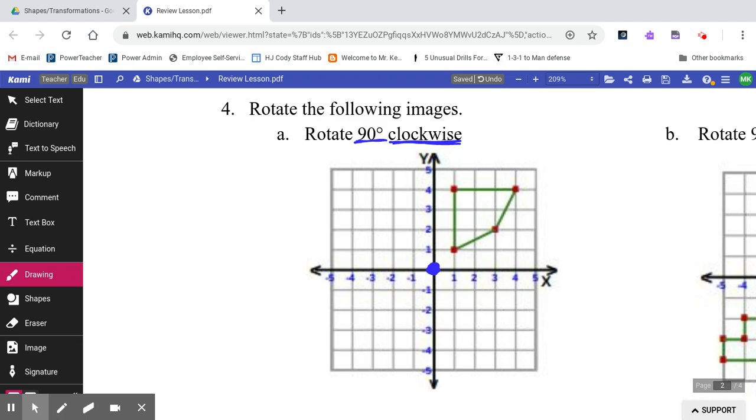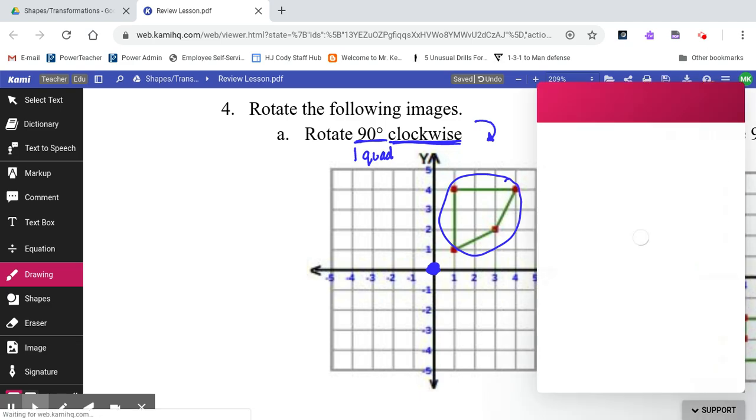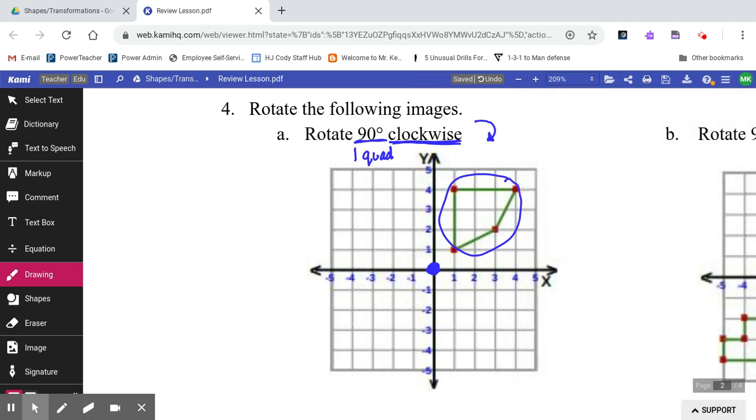So 90 degrees means 1 quadrant. Clockwise means this direction, like if you're reading a clock. So this image needs to go one quadrant this way.